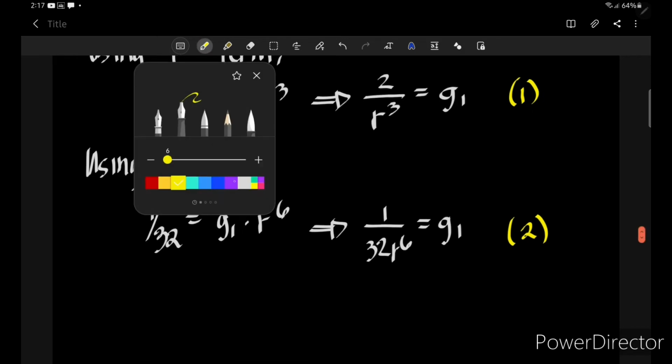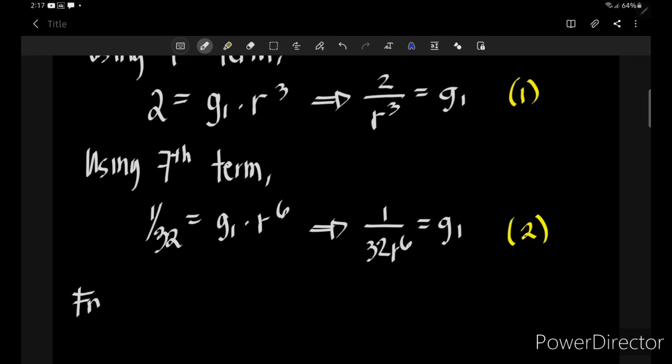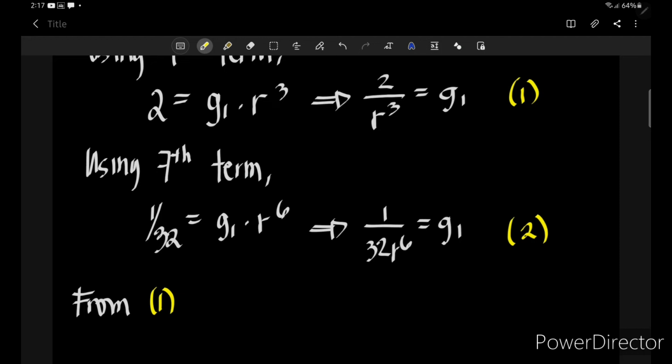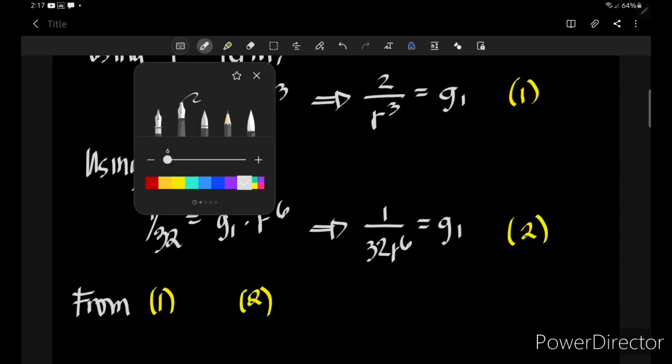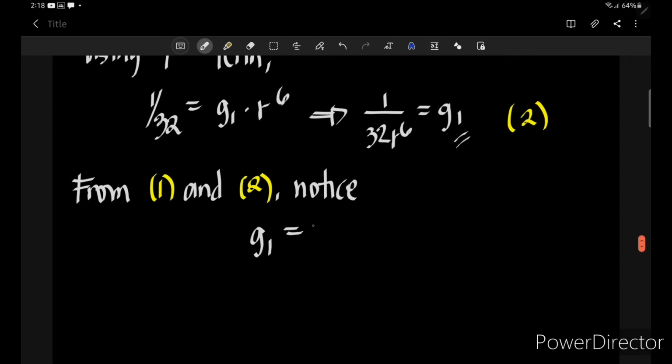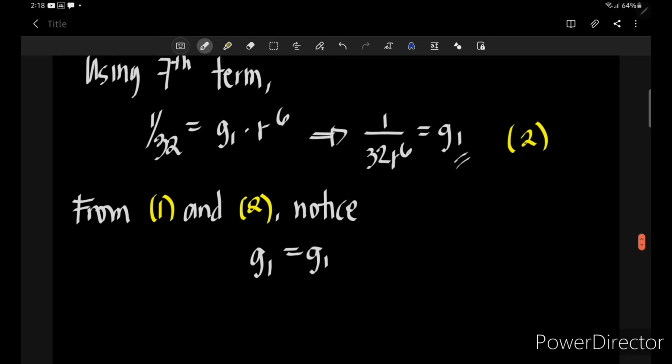Okay. From equation 1 and 2, notice G sub 1, no, has a value of 2 over R cube for equation 1 and 1 over 32 R raised to 6 for equation 2. No? So, G sub 1 is equal to G sub 1. Pwede natin siyang ipag-equate, right? Since parehas lang naman yan.